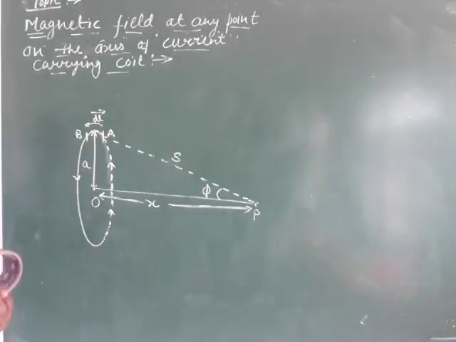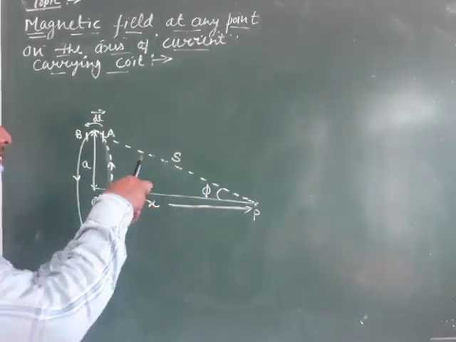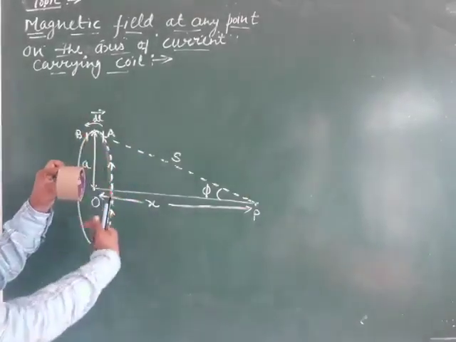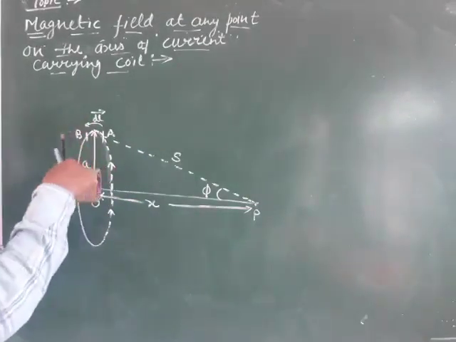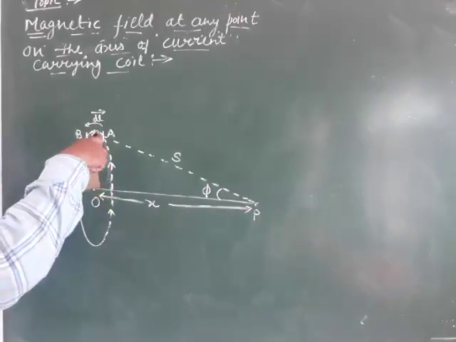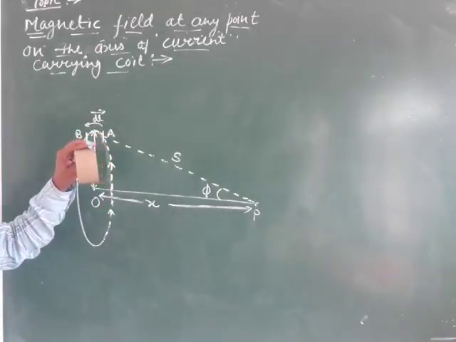Okay, my point. See here, we have the coil, kept perpendicular to the plane of the paper. The current is flowing anti-clockwise, and we have taken the element here, so the direction of the current element on this coil is like this. Understood? Clear?